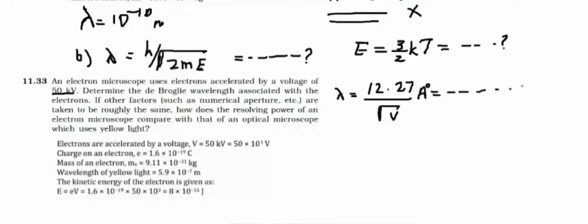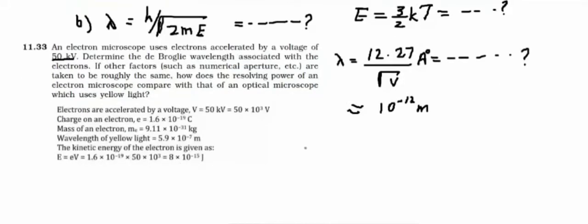Find the value there for lambda. You will get approximately in the order of 10 power minus 12 meter. Now, the wavelength of yellow light is already given, in the order of 10 power minus 7 meter.